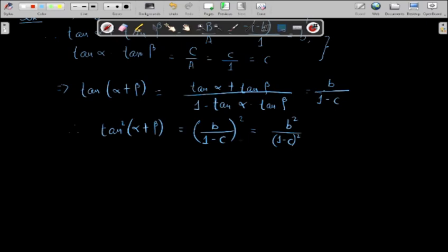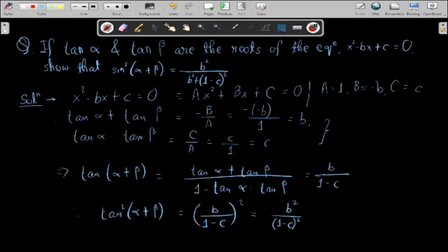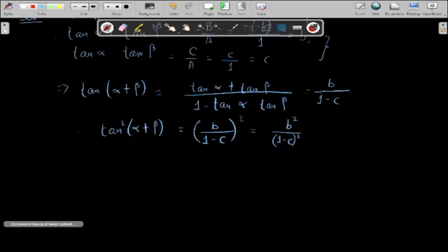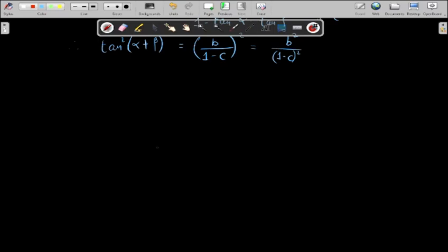Okay, so this we have to show: sin square alpha plus beta is b square by b square plus 1 minus c whole square. We see tan square alpha plus beta has got some factors like b square in the numerator. In the denominator we have 1 minus c whole square. So it's starting to look like we are getting closer. So we have tan square, so let's find out what is sec square alpha plus beta.